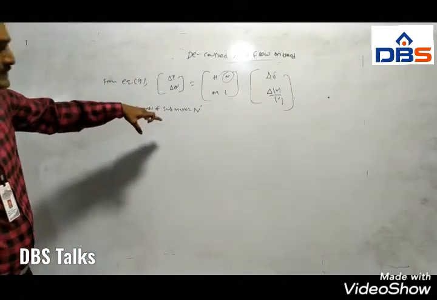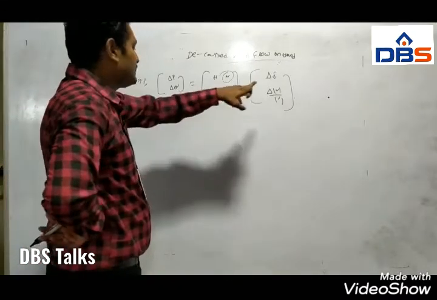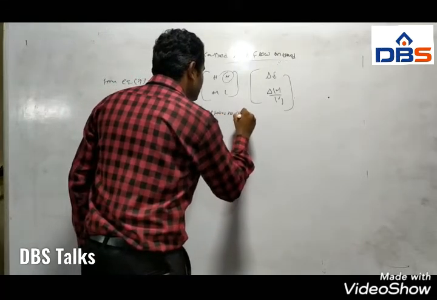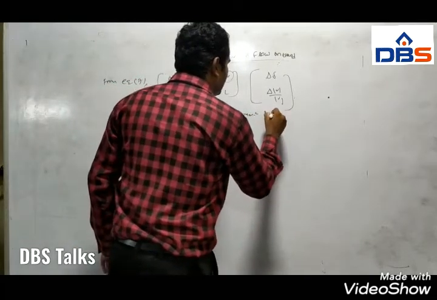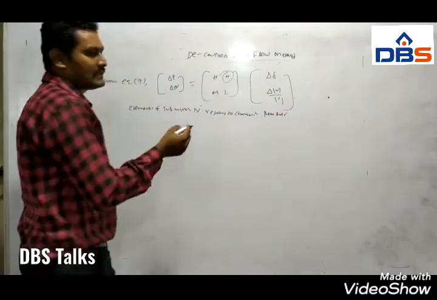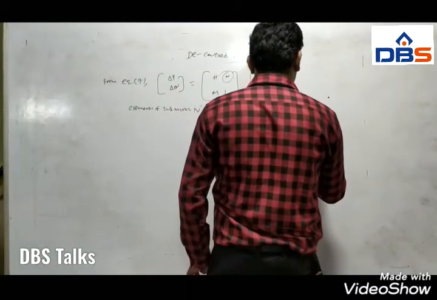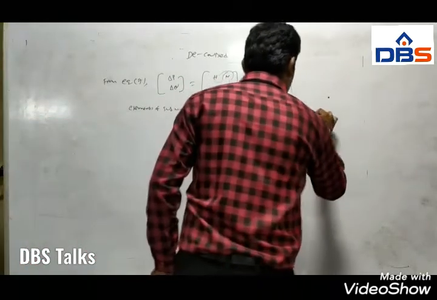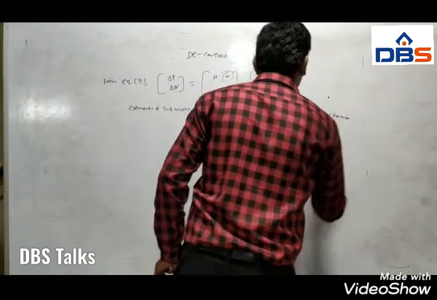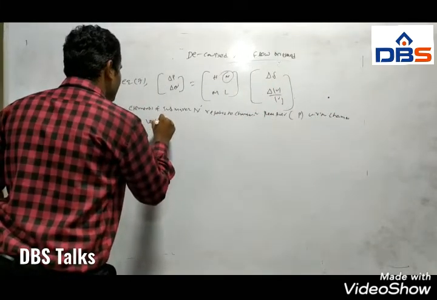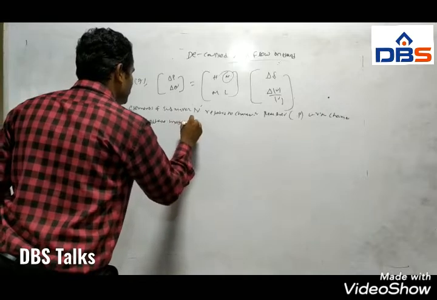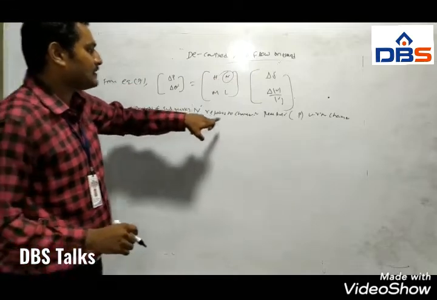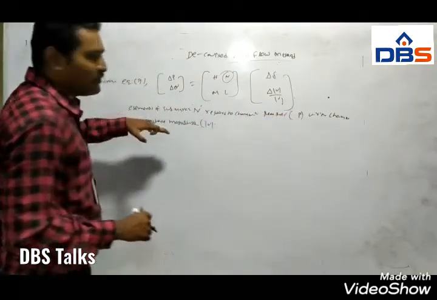The elements of the N submatrix relate to changes in real power with respect to changes in voltage magnitude.